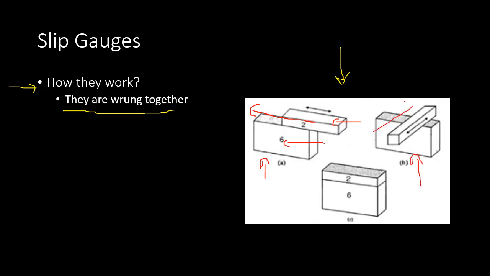So there is a transverse motion of slip gauge 2 over slip gauge 6 while maintaining a constant pressure on them. And then finally, slip gauge 2 and slip gauge 6 are twisted with respect to each other, like that, and after twisting, these two slip gauges are held together firmly.